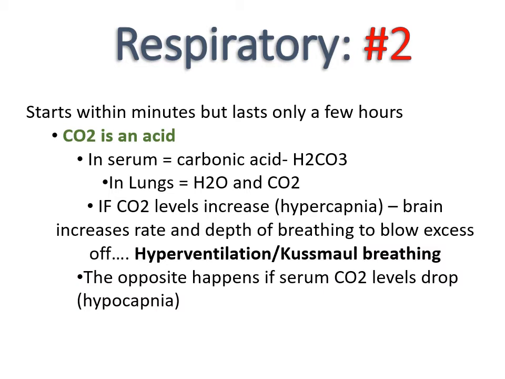So let's talk about the next buffering system, which is the respiratory system, the lungs. And they're a very effective and quick response system to address increasing acids or decreasing pH in the bloodstream, in the serum.